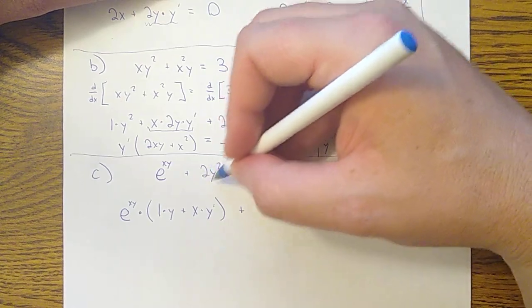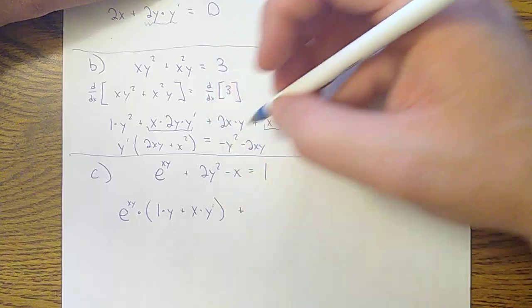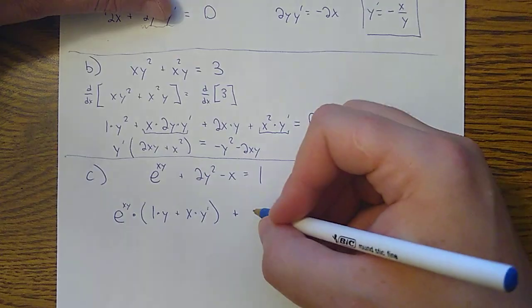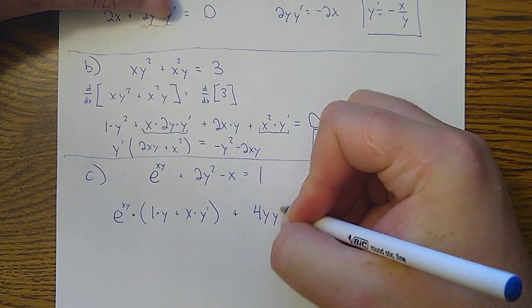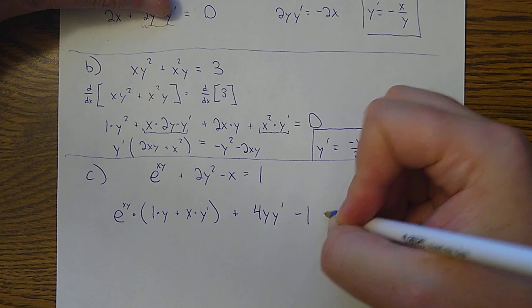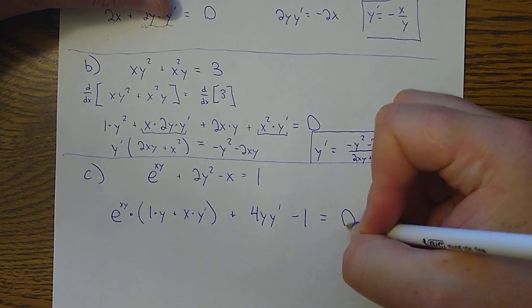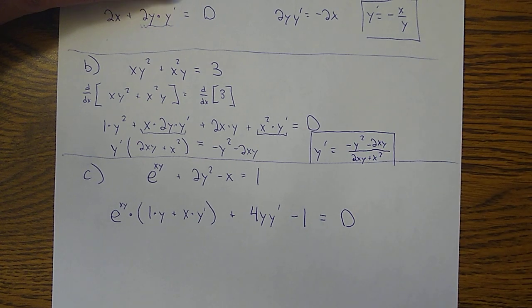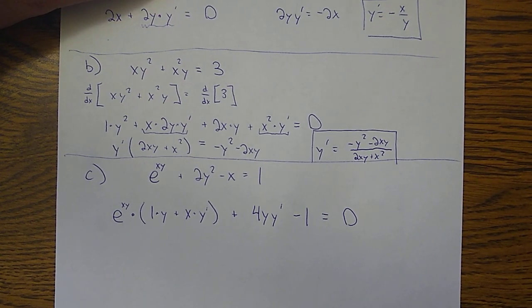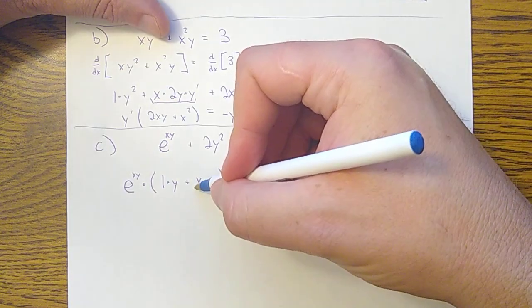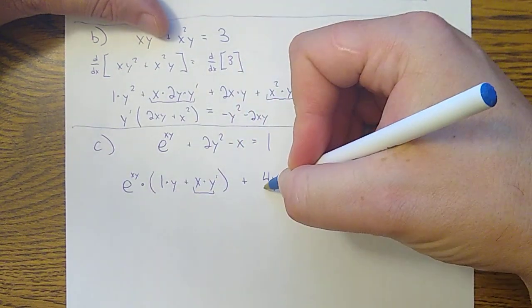Plus, this is just a 2y squared. We already did the derivative of y squared a couple of times, so this is going to be 4y y prime, minus 1 because the derivative of x is 1, equals 0 because the derivative of 1 is 0. Now I see y prime in two places. It's here and here.